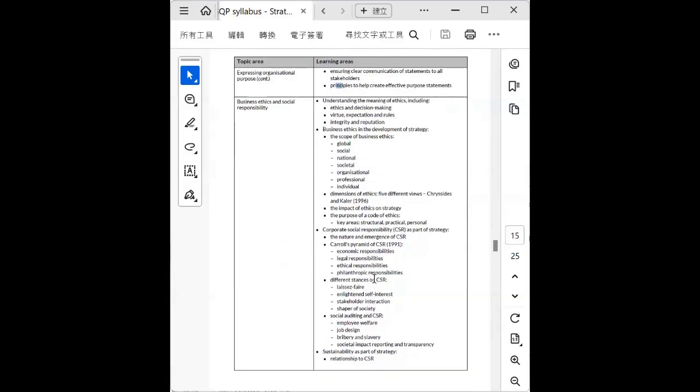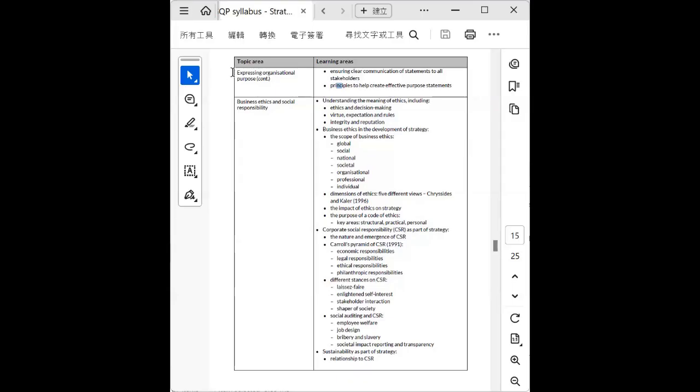Lastly, will be the topic on business ethics and corporate social responsibility. And again, sometimes you will be asked about this. This topic is very fundamental to sustainable and credible strategic management.